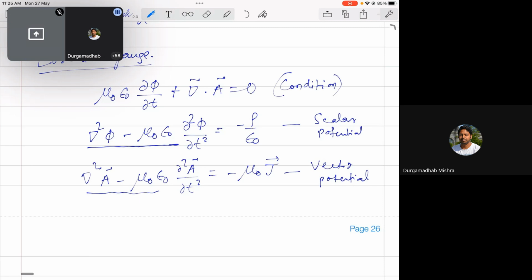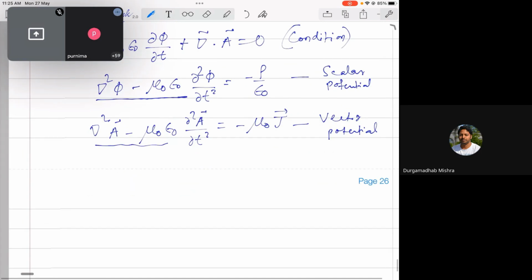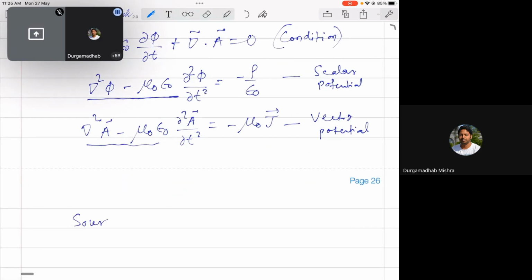And it will be even simpler if I take a source free, or charge free and current free, region. So rho will be equal to 0, J will be equal to 0. Source free means there is no source of electric field and magnetic field.